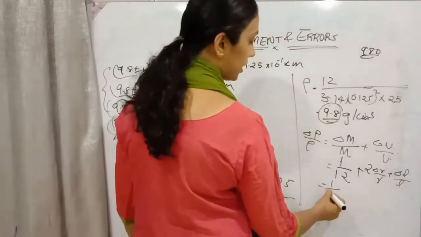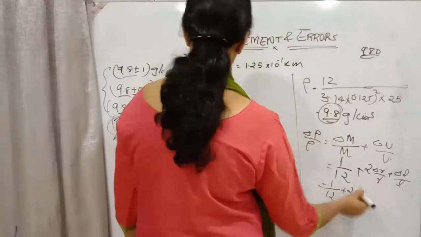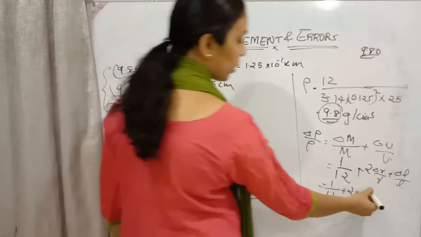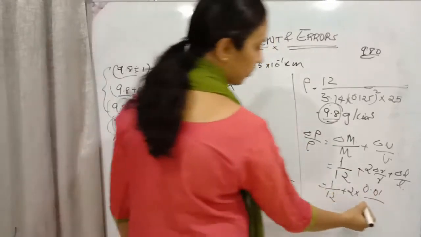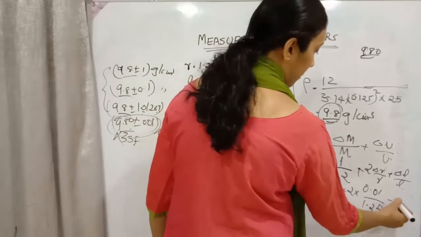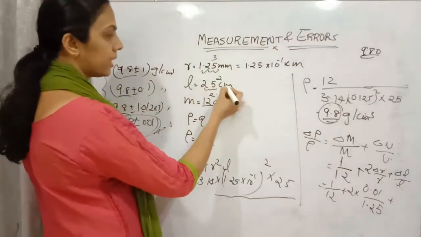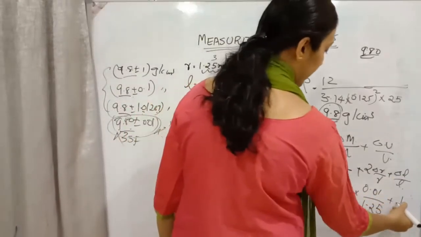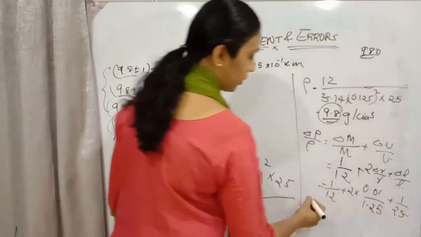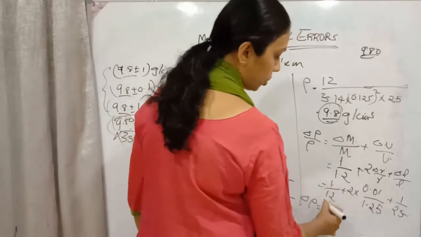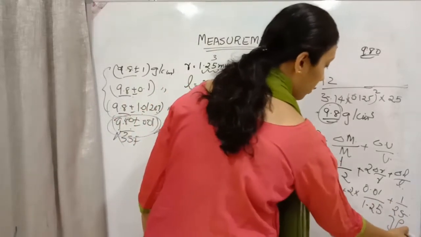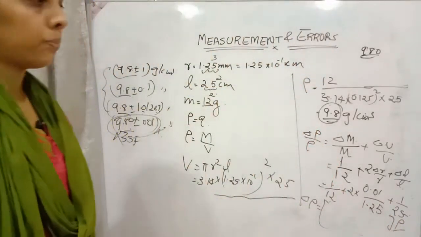So here 1 by 12 plus 2 into delta R, which is 0.01 divided by 1.25, plus delta L, which is again 1 divided by 25. And you can find delta rho as this whole quantity into rho.